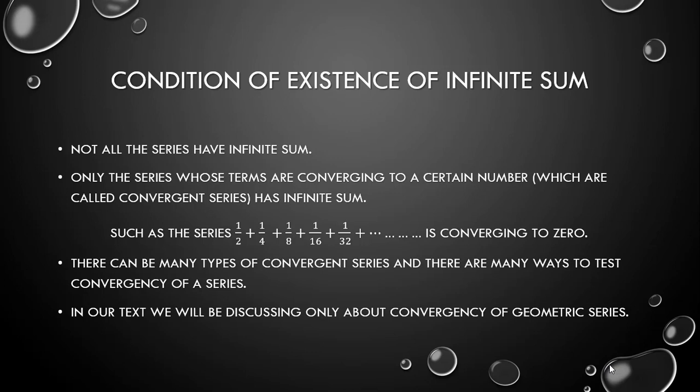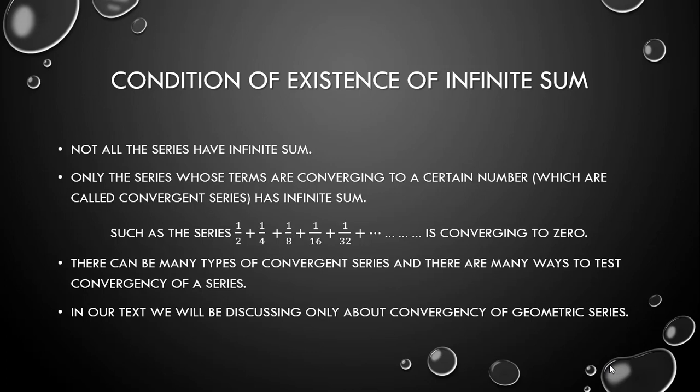Now in our text, we will be discussing only the convergence of geometric series. If a geometric series is convergent, that is, approaching a certain number, then the geometric series will have an infinite sum, that is, the sum of an infinite number of terms.